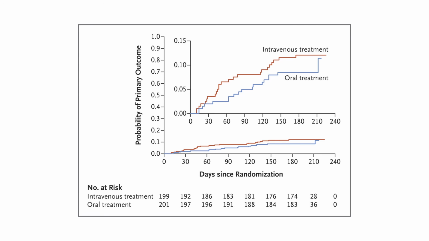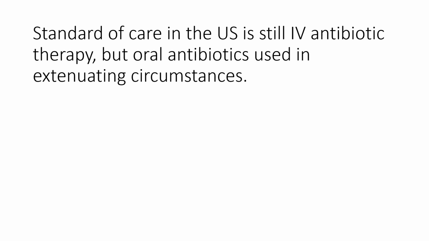That said, the standard of care in the US is still IV antibiotic therapy. The way the POET trial has been applied here is that for patients who, for whatever reason, can't get IV antibiotics, either due to insurance reasons or antibiotic allergy reasons, they're allergic to all the IV ones, or they're thought to be at high risk for misusing their PICC line, which is the peripherally inserted central catheter.